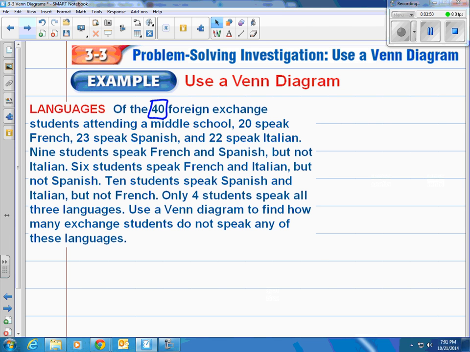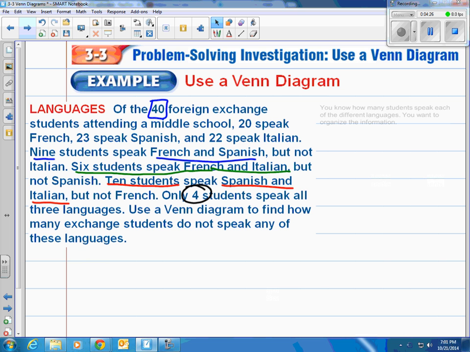It says 9 students speak French and Spanish, and then we've got 6 students that speak French and Italian but don't speak Spanish, and then 10 students that speak Spanish and Italian but not French. Only 4 students speak all 3 languages. Ooh, that's important. This 4 is going to go in the overlap. Now we have 3 languages there. It says use the Venn diagram to find how many exchange students do not speak any of these languages.